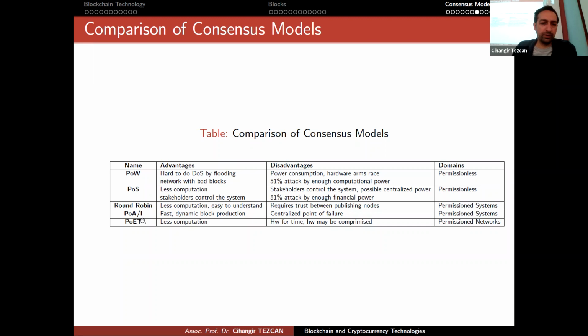For the proof of authority or identity, it is fast, dynamic block production, but provides a centralized point of failure, because the person you trust or the identity might act maliciously. There is no guarantee. You can take legal action, but if it is between different countries, international law might be very slow to solve your problem.